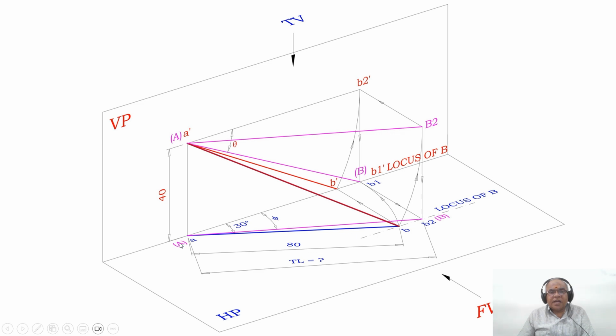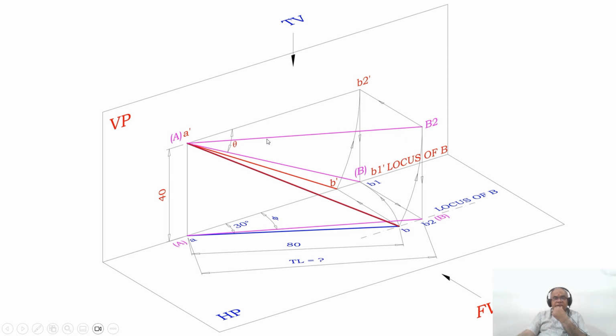Now actually the point A is on VP. So the point B, this is the locus of B in the top view. This distance is in front of VP by some distance. But what I want to find out is the true length in HP. If you want the true length in HP, obviously that line should be parallel to HP. So this is the one we are talking about, capital A and capital B2.